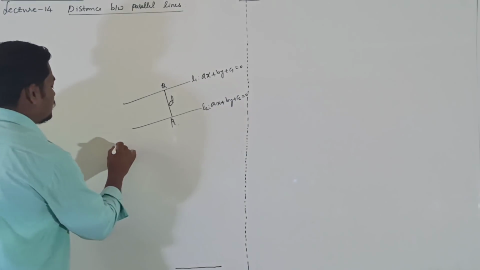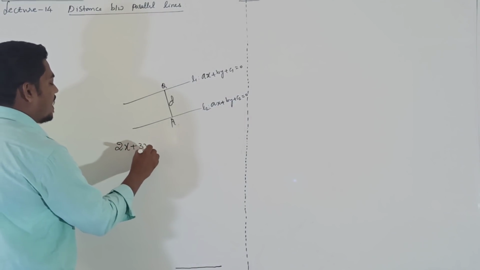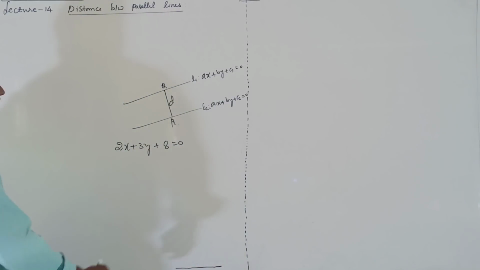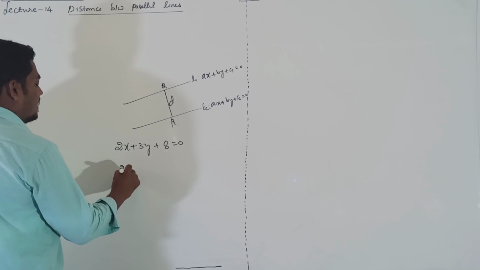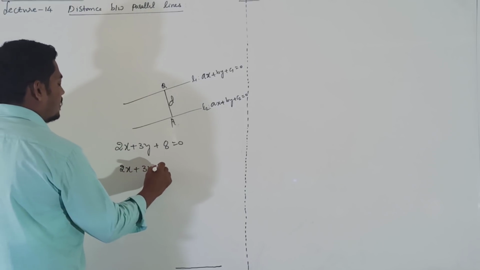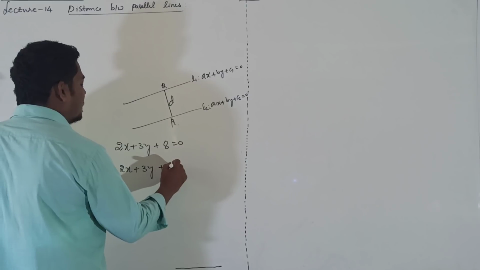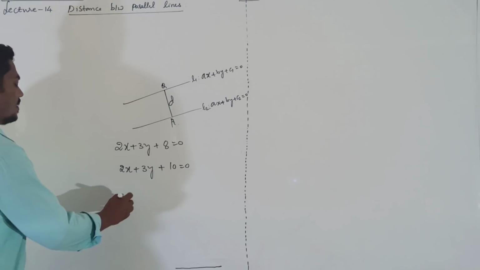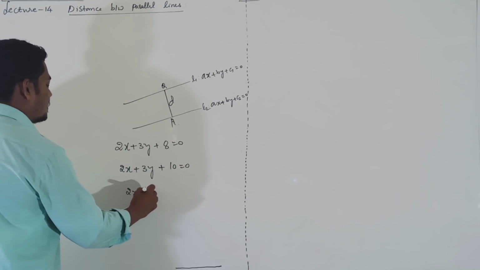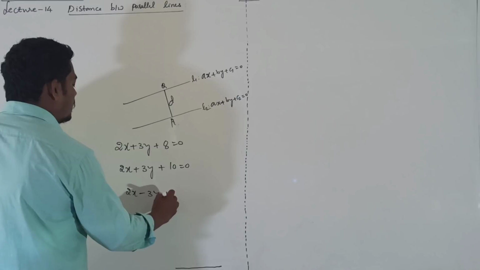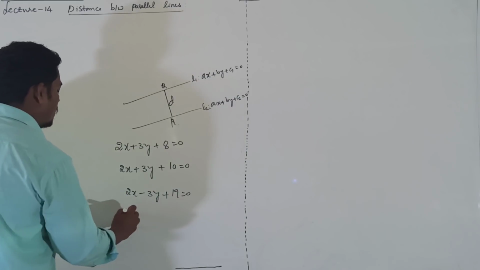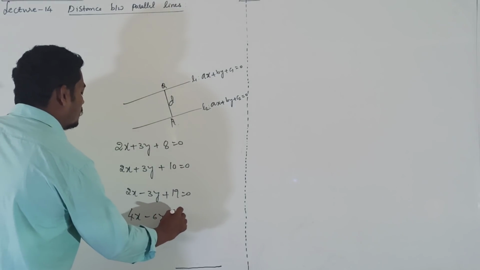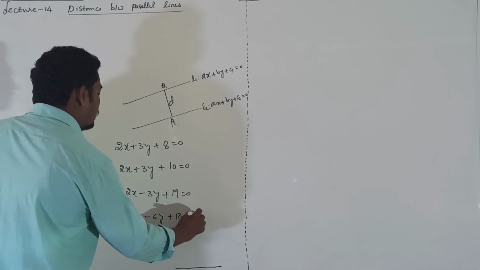For example, 2x plus 3y plus 8 equal to 0 is one line. I will write one more line, that is 2x plus 3y plus 10 equal to 0. Clearly these two lines are parallel. And one more example, 2x minus 3y plus 19 equal to 0 and 4x minus 6y plus 13 equal to 0.